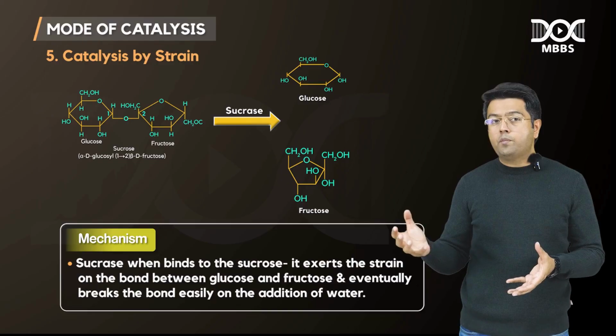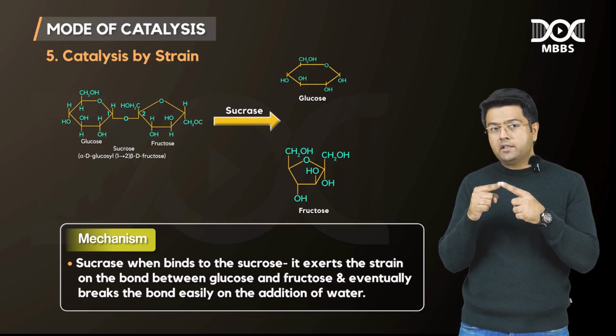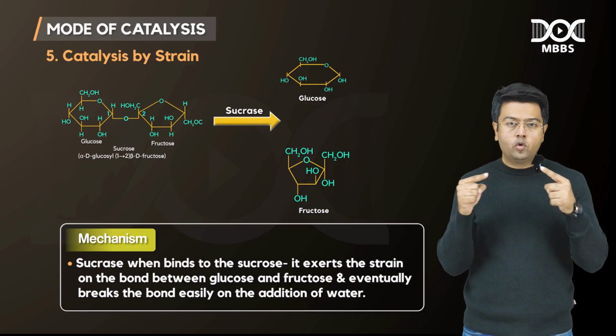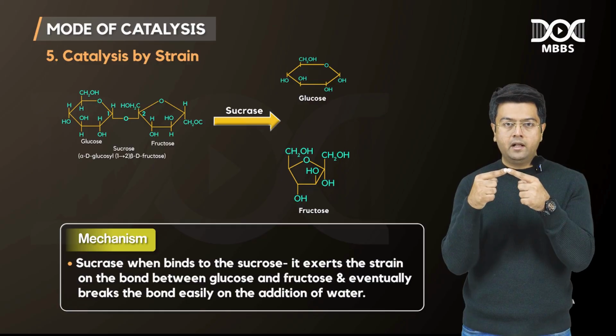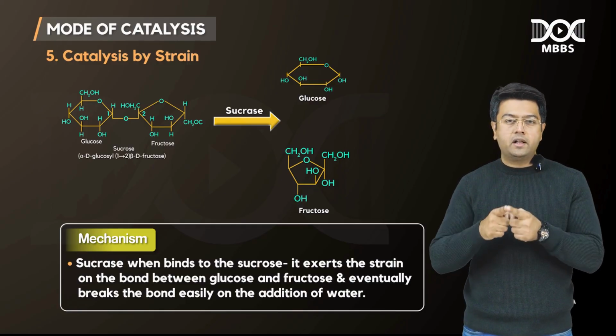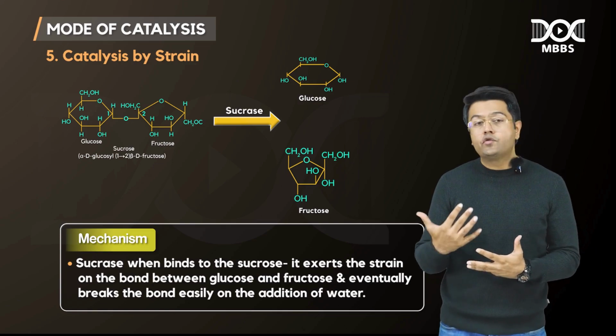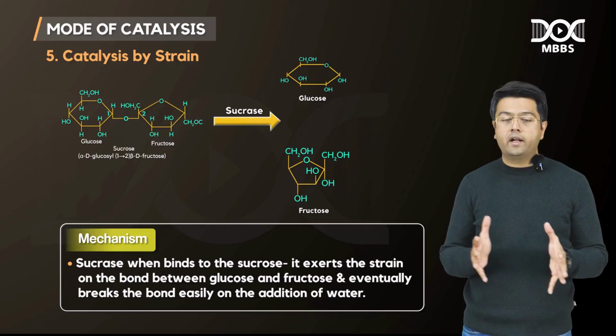So when sucrase binds to sucrose, right, it puts strain on the bond between glucose and fructose, right? Okay, so the bond is strained, and that's why it is broken easily, right, by addition of water. So that is called catalysis by strain. So these are the various mechanisms which are called modes of catalysis.